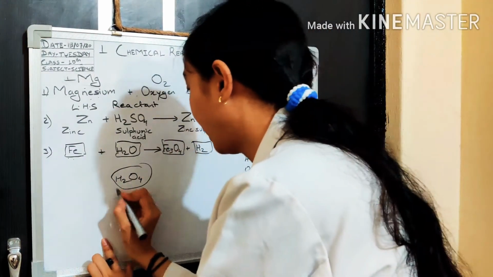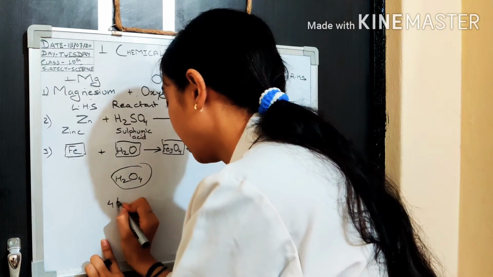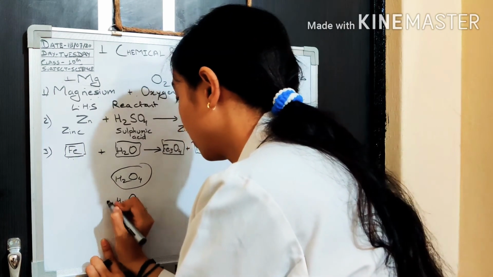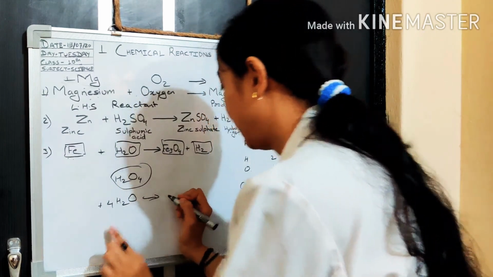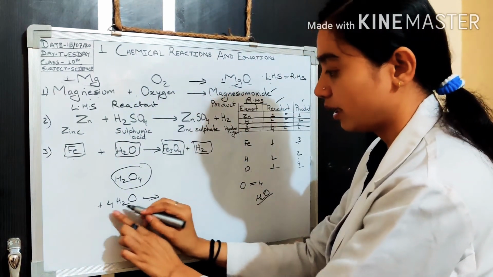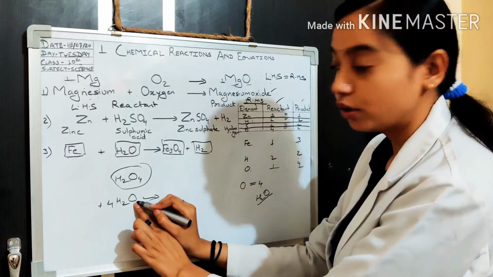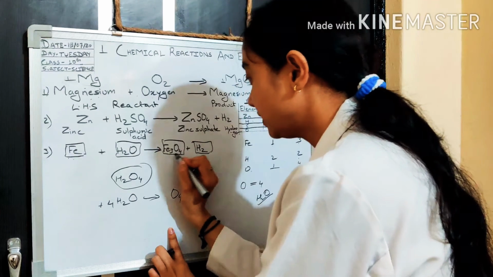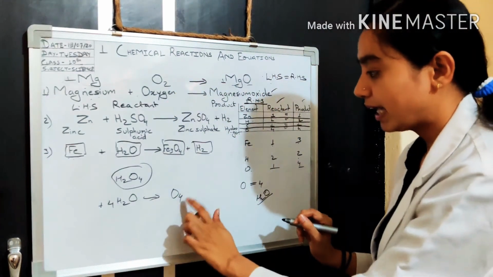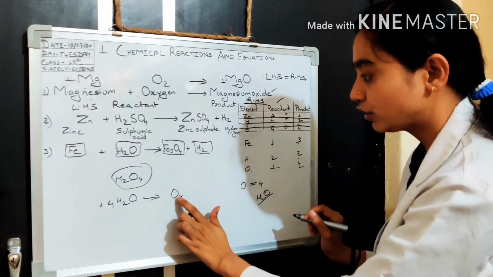So we have to add the 4 for this side. Now you can observe 4 O. Now oxygen becomes 4 O, and we need 4 O here. So now we have balanced oxygen.